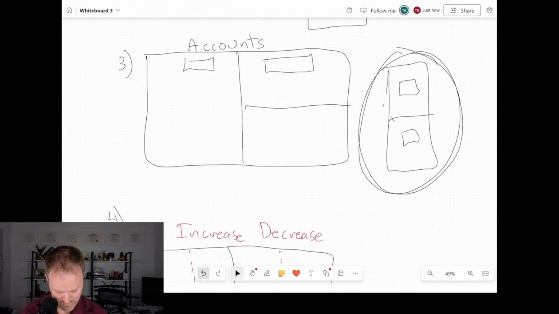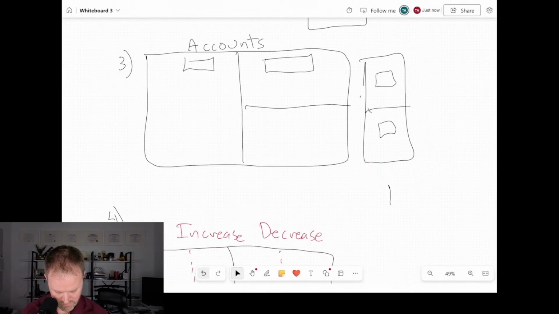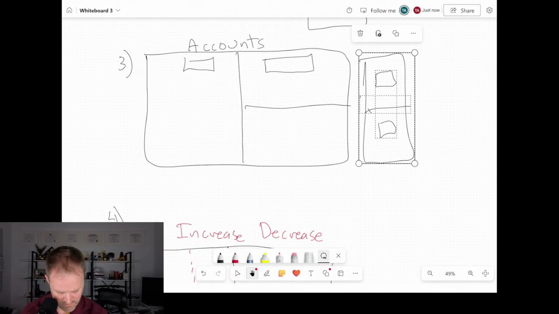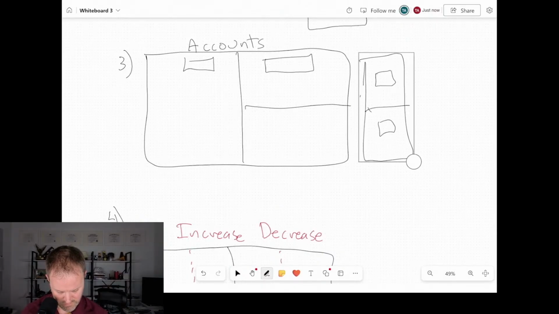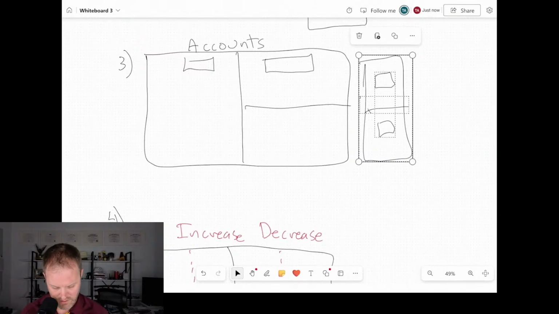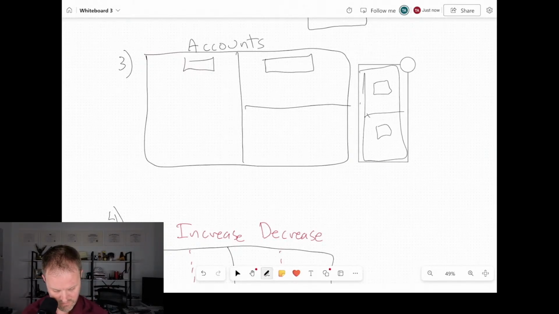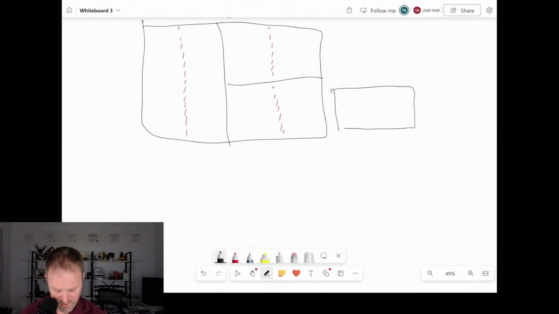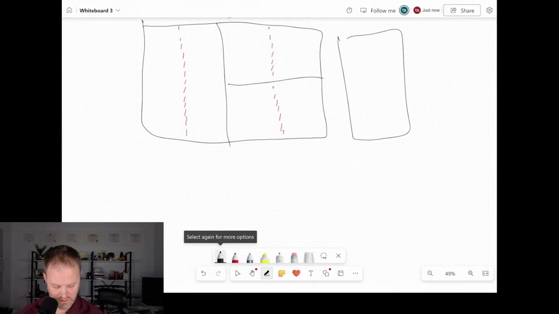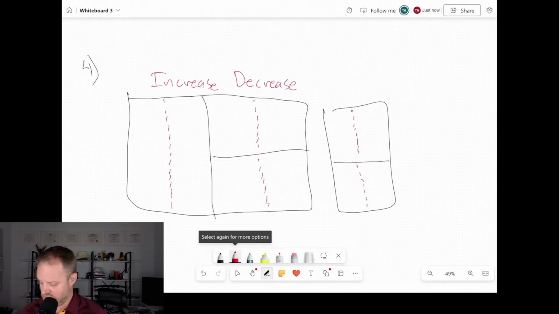Nope. No rotating. Okay. Back to this. Let's see if I'm getting a little off track here. All right, so this is the idea of increases and decreases.